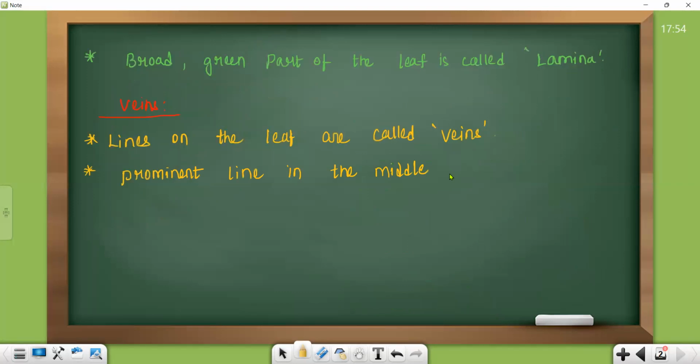Prominent means important, something different, standing out separately.